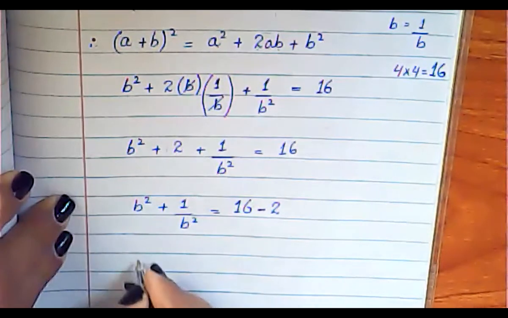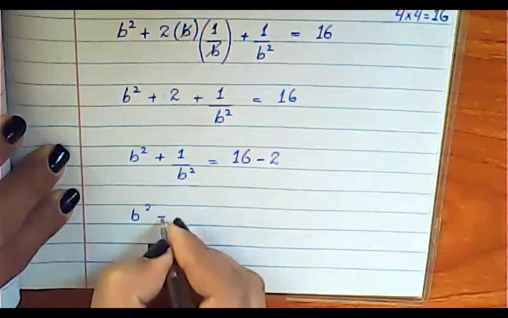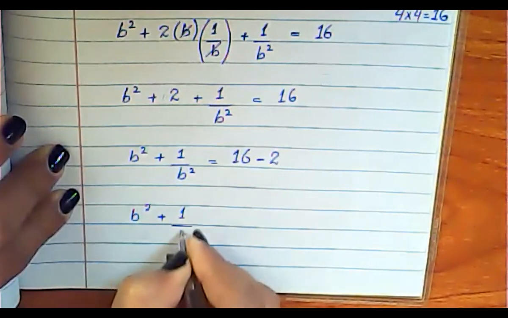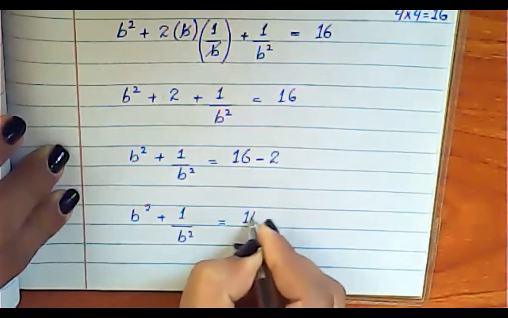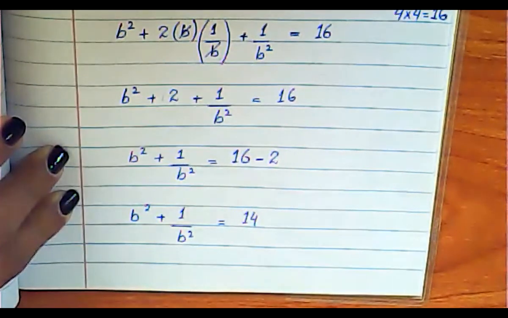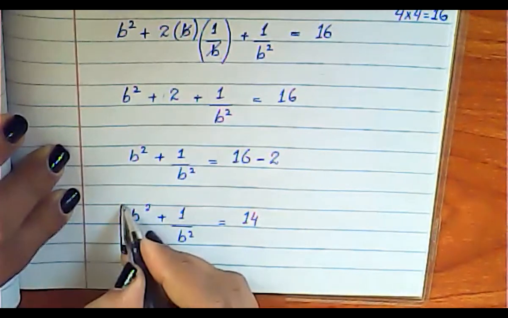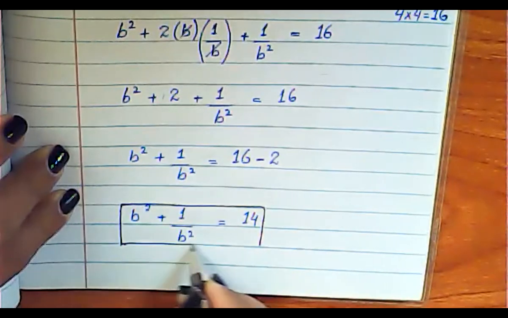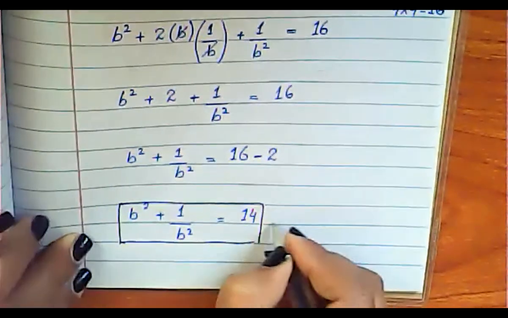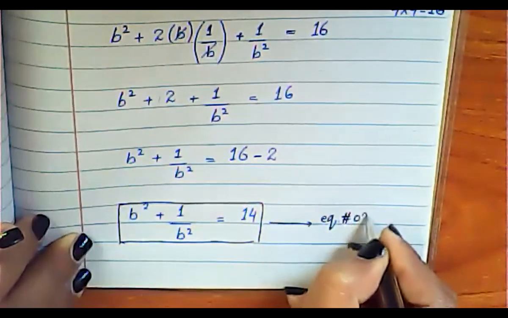So your answer will be b square plus 1 upon b square is equals to 16 minus 2 will be 14. Okay, you have got the answer of b square plus 1 upon b square, which is equals to 14. Now this will become your equation number 2.